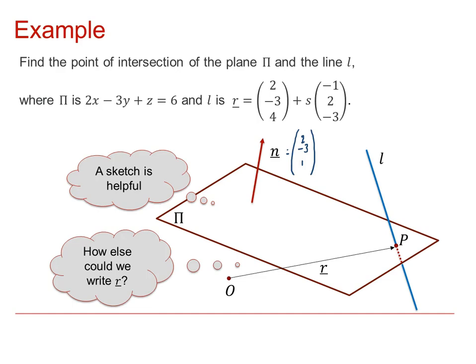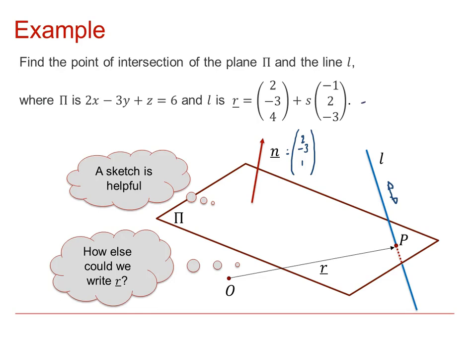If we think about the equation for the line, what it's telling us is that for different values of s, the point which is given by that equation moves up and down this line. So what we need to do is to find the particular value of s where the equation for r is equal to the equation for the plane, or at least the values given by x, y and z.